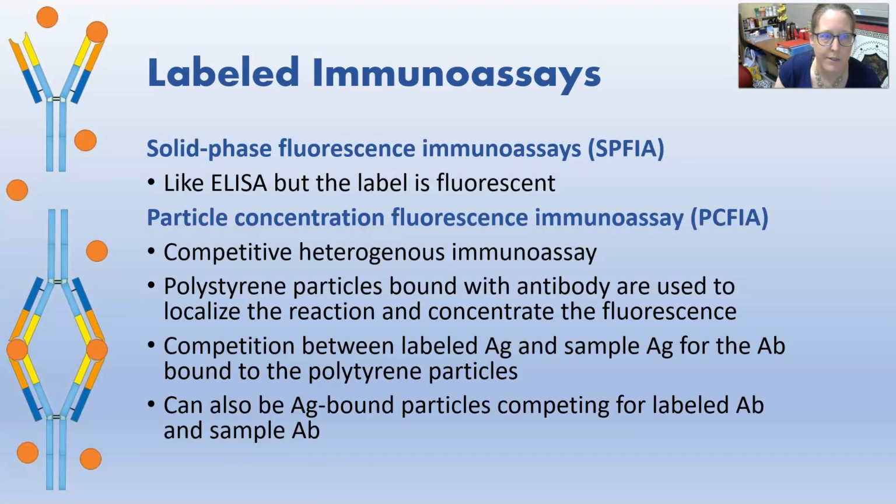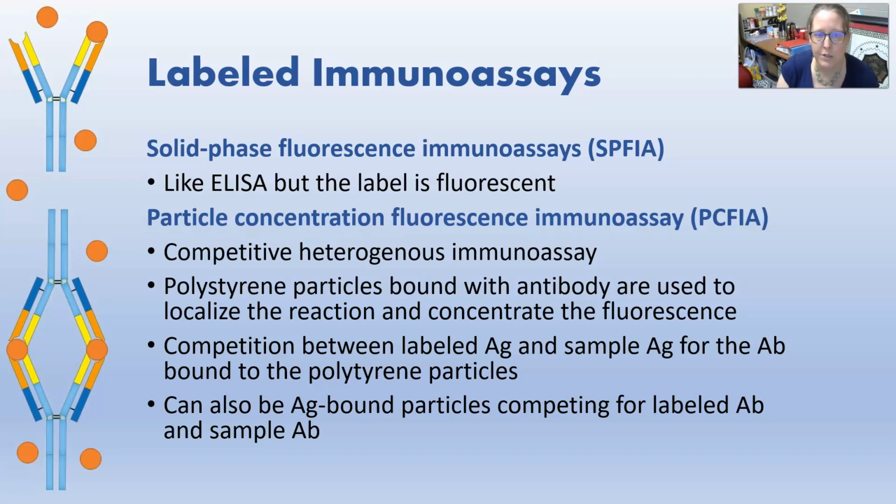We also have solid phase fluorescence immunoassay, or SPFIA. It is like ELISA, but the label is fluorescent. And then you have particle concentration fluorescence immunoassay, or PCFIA. It is a competitive heterogeneous immunoassay. It uses polystyrene particles bound with antibody.